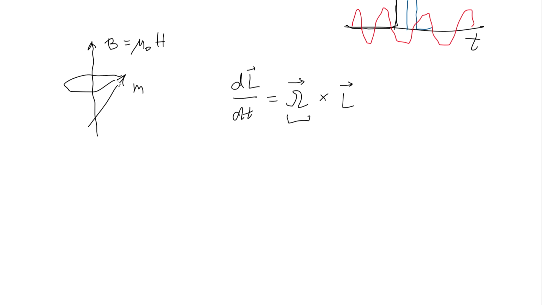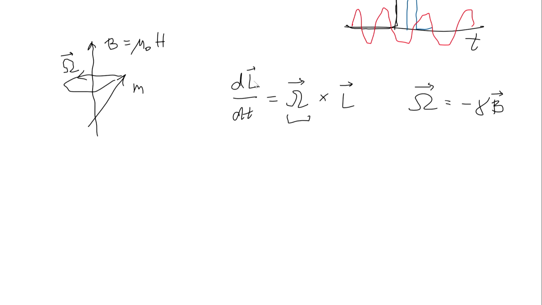So basically, our magnetic moment precesses around this magnetic field with omega. Omega itself, as a vector, is equal to minus gamma B.